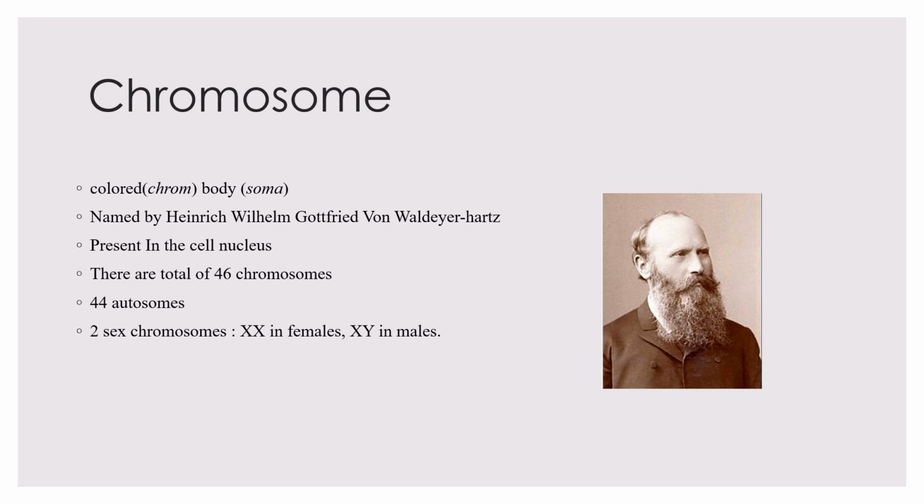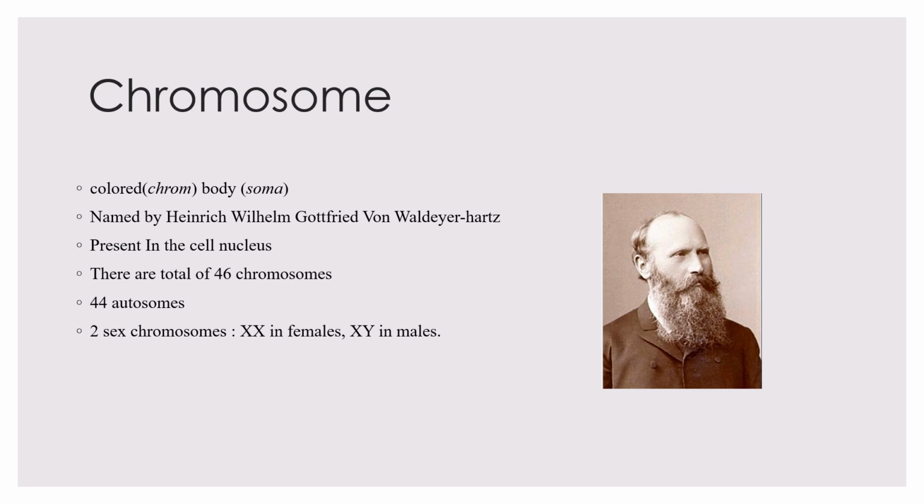But what does the word chromosome mean? It's derived from soma, which means body, and chrome, which means colored. So it's basically described as a colored body, which was seen in the cell nucleus. In total, we have 46 chromosomes, out of which 44 are autosomes and 2 are sex chromosomes.